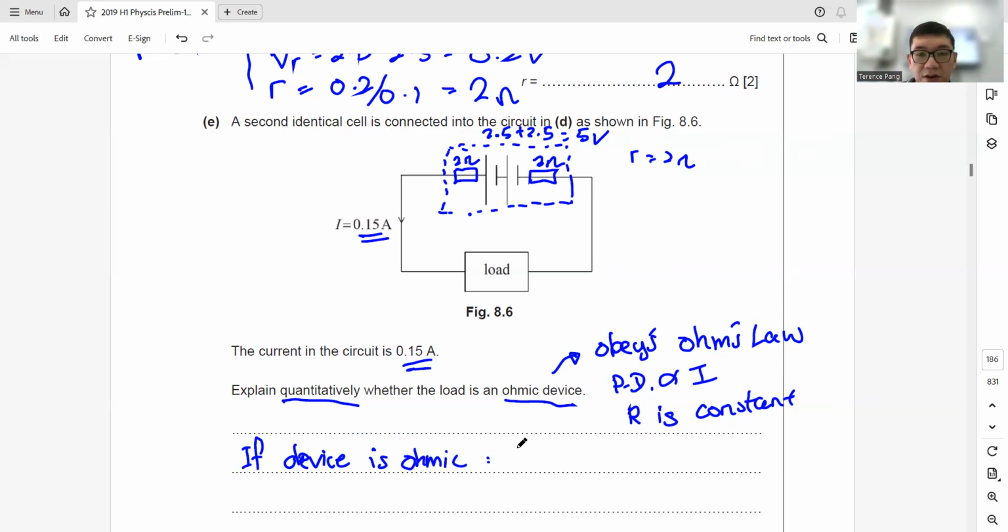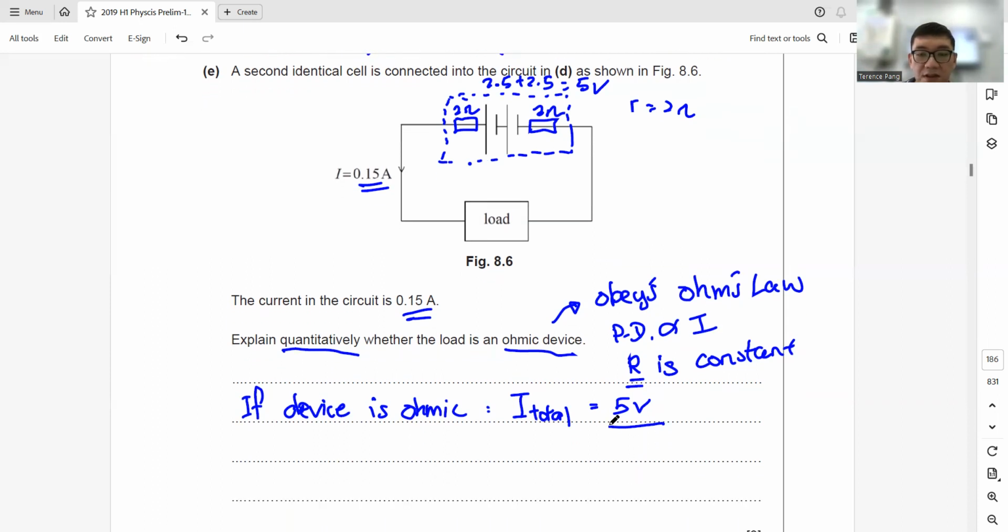Then the total current will be, because the device is ohmic, R is constant, the 5 volts, the total potential difference or EMF, divided by the total resistance: 2 plus 2 plus 2 plus 2 plus 23. And how much is that? 0.185, or 0.19.